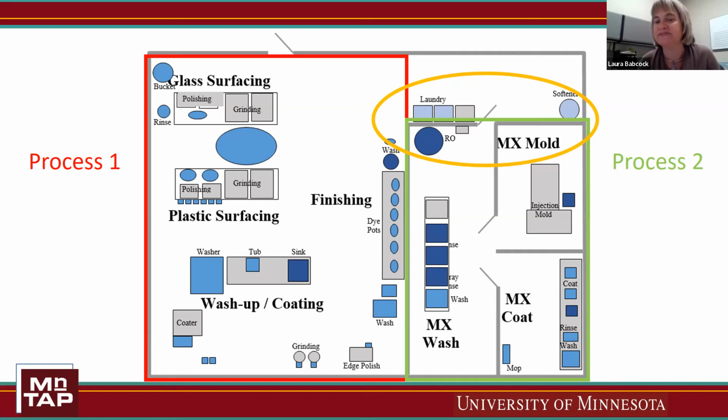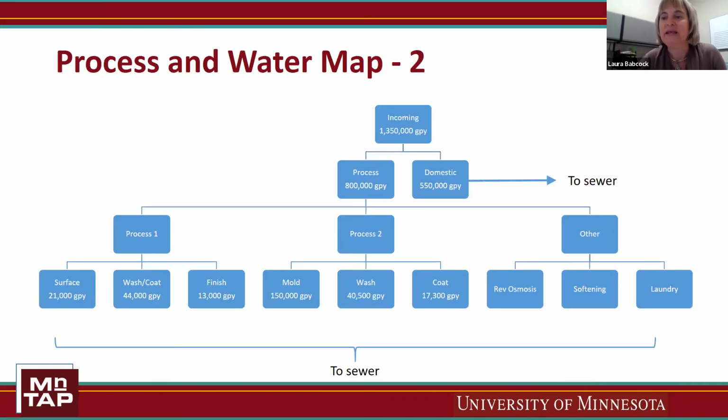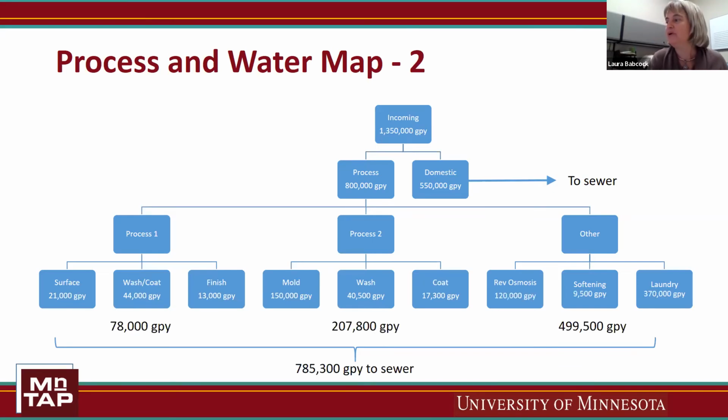They are part of the facility, they do utilize resources, but they're not what we were focusing on when we focused on those 6 operation areas. So there truly are 9 operation areas. When you add up all of those, it turns out that those other 3 utilities, laundry, softening, and RO, were using 500,000 gallons of water. So there's a huge opportunity. And now here we are with, here's our map.